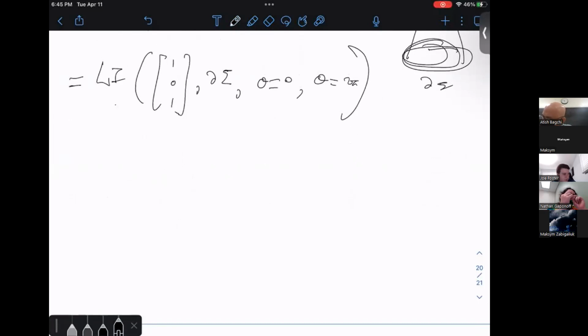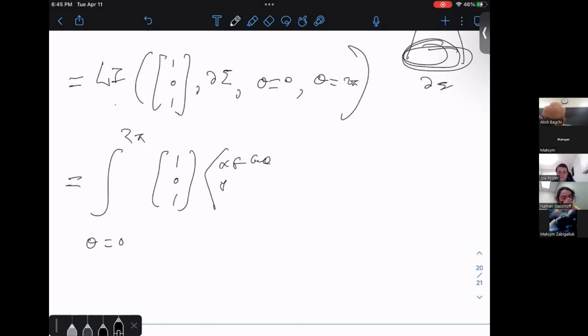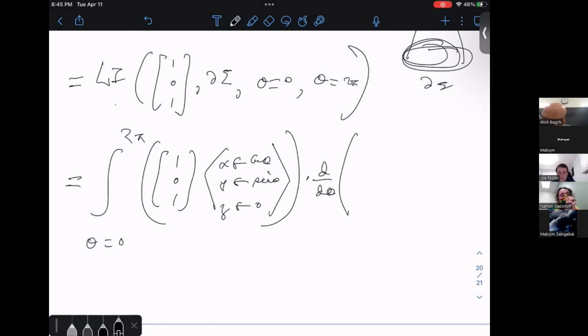Okay, so now we have to compute. This will be theta from 0 to 2 pi, of 101 with x replaced with cosine theta, y replaced with sine theta, z replaced with 0, dot d theta of cosine theta, sine theta, 0.